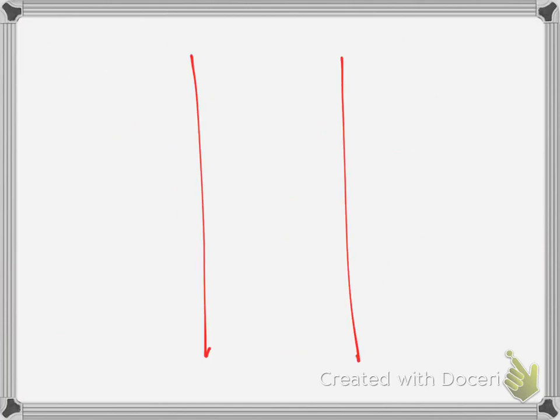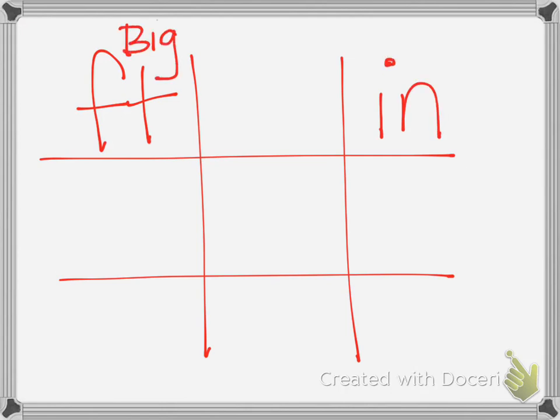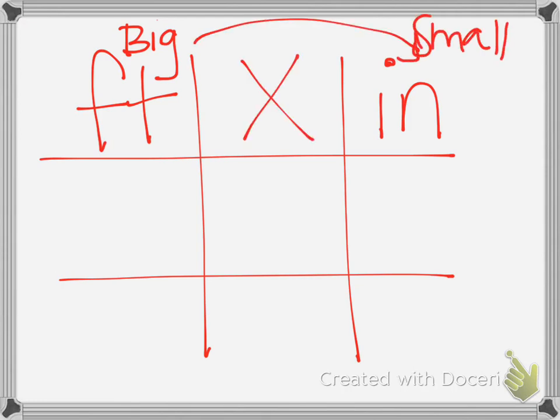All right, here's my tic-tac-toe, and my problem says I have 3 feet, and I want to know how many inches that is, okay? So I'm starting with feet, and I'm going to inches, okay? A foot is bigger than an inch, so I'm going big to small, and when I go big to small, I'm going to multiply, okay?